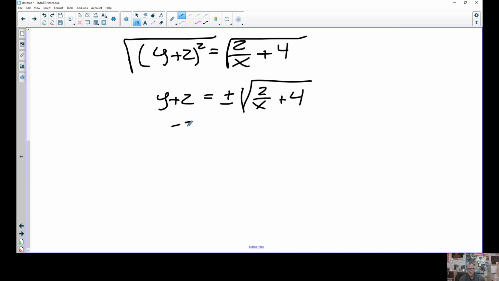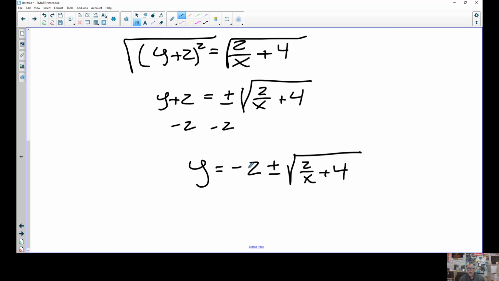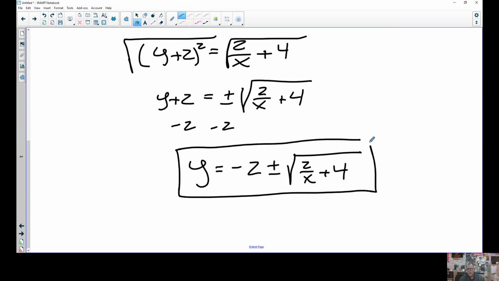And last thing, subtract 2. I get y equals negative 2 plus or minus the square root of 2 over x plus 4. And again, with this, when you see a square root of a quantity and a plus or minus, this is not going to be a function. So we get this, not a function.